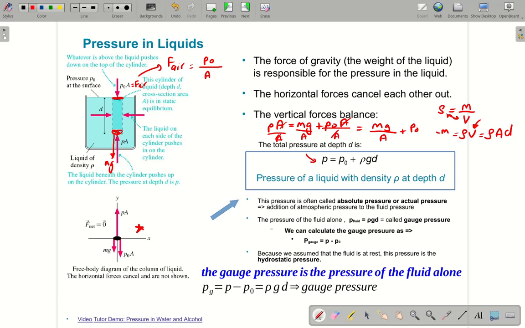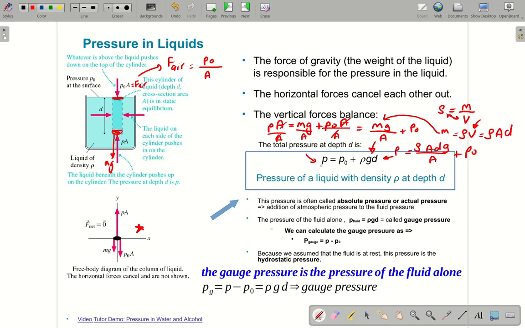So once I input this here as mass, I'm going to get down to this equation here. So I'm going to have rho times A times D divided by A. Don't forget g divided by A plus P0. That's equal to P. I'll carry it here. It takes me to this equation.